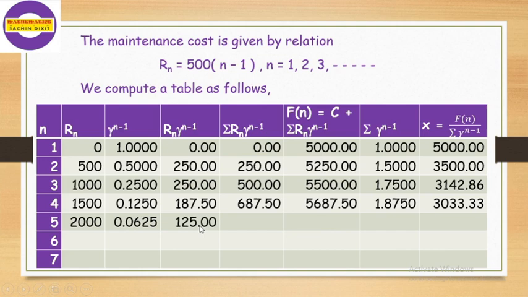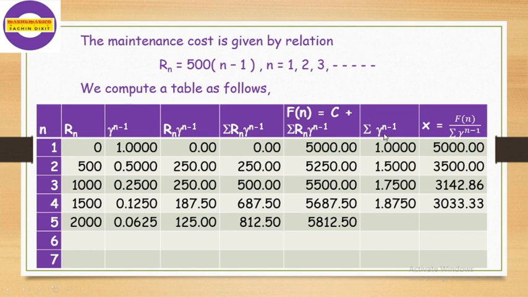We get 125. We add this 125 to this 687.50, and we get 812.50. Then we add the cost of the machine to this 812.50. We get 5812.50.